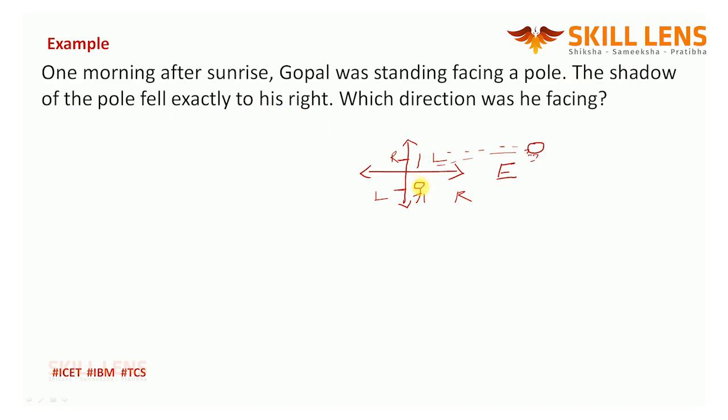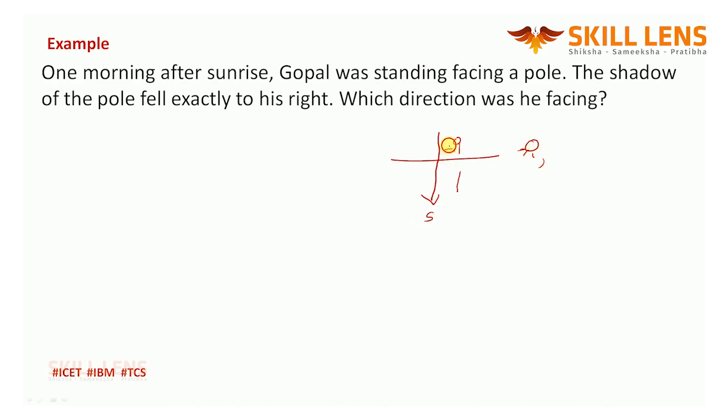So ask yourself a question. If I change Gopi's and the pole's positions, my job is done. So now here I have Gopi and here I have a pole. Now Gopi is facing towards south.